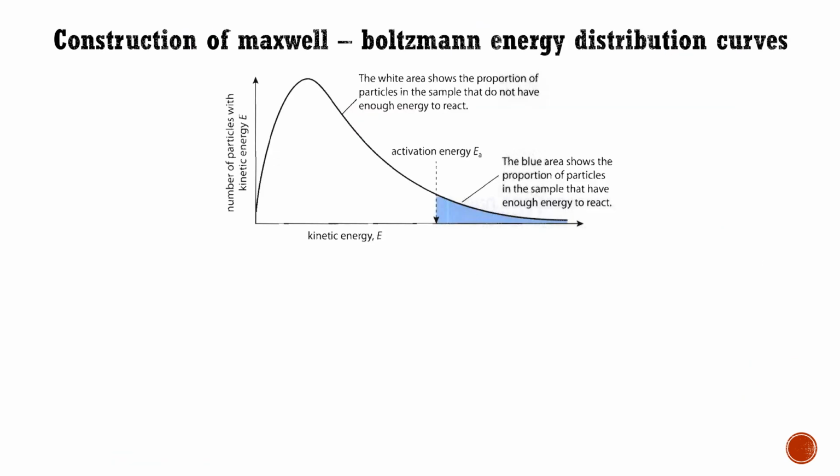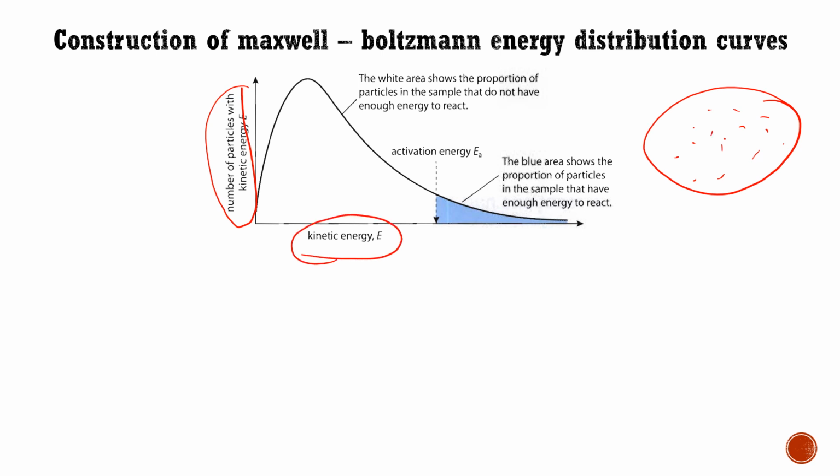Now we would like to speak about the Maxwell-Boltzmann energy distribution curve. It seems strange, but it's very easy. Why is it very easy? Just imagine you have a balloon. This balloon has particles. Do you think all these particles have the same energy? Of course not. Some of them will have high energy. For that reason, here in our graph, we have the number of particles and here is the kinetic energy.